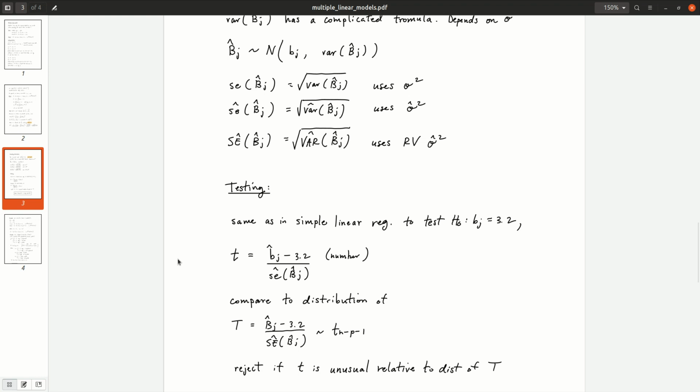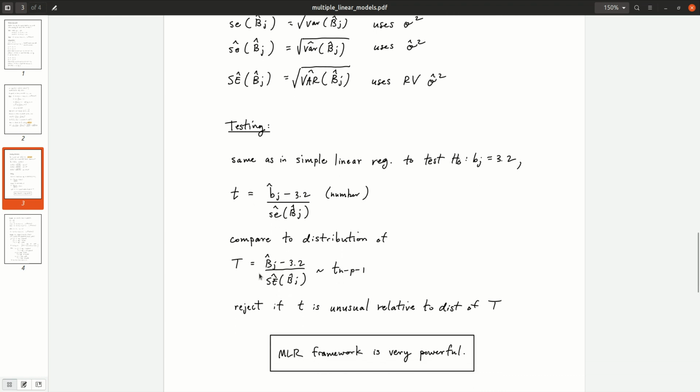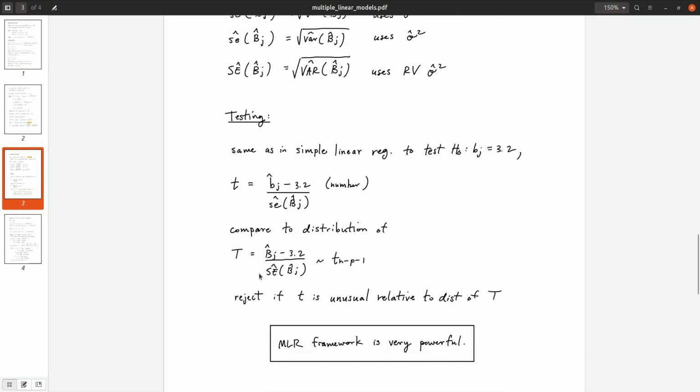Okay, so nothing new here. The only thing that's different is I'm not giving you an explicit formula for what the standard error is. Now what we're going to do on the next page is see just a little taste of the power of this multiple linear regression framework.